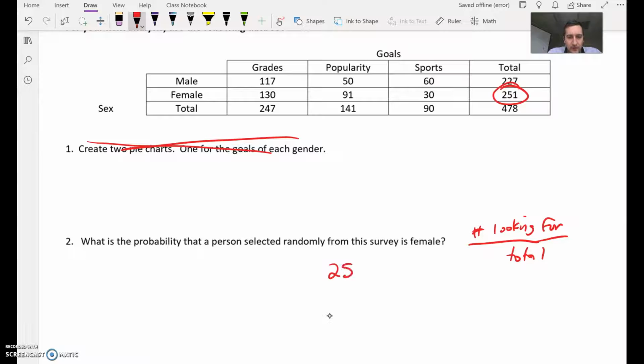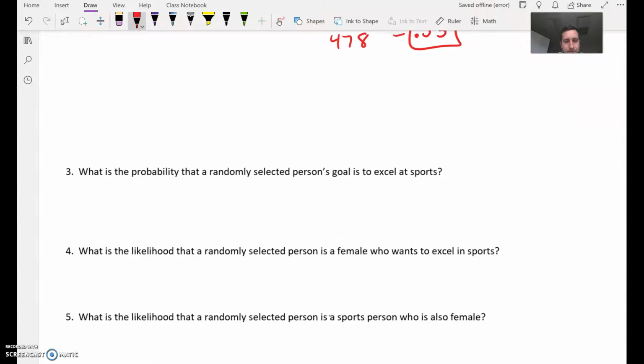How many total people were surveyed? 478. So there's my answer. Get the calculator going. Approximately 53% were female. Let's keep rolling.